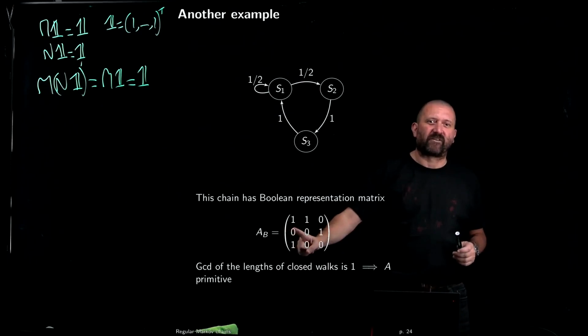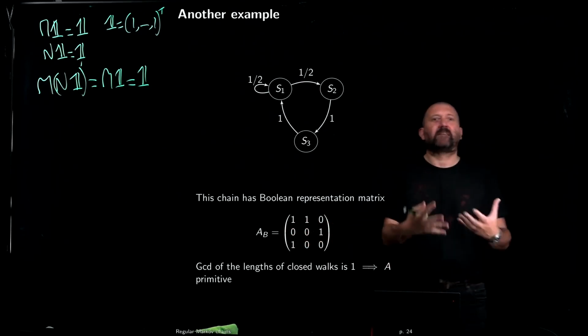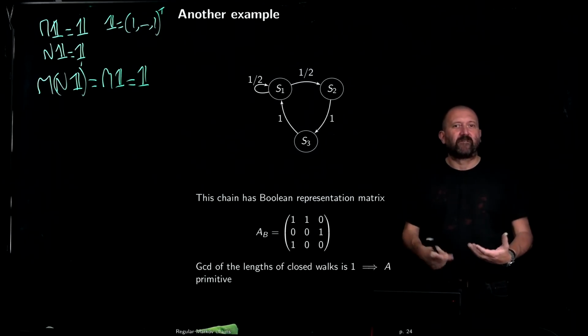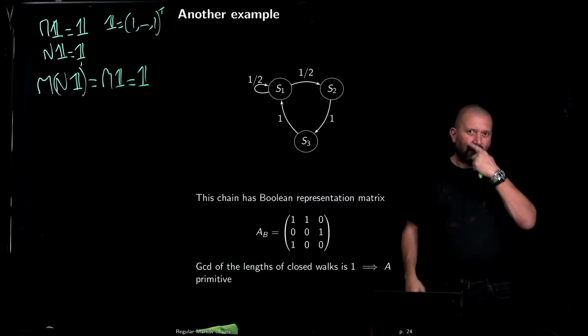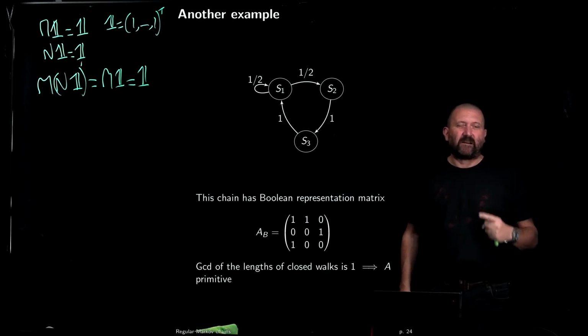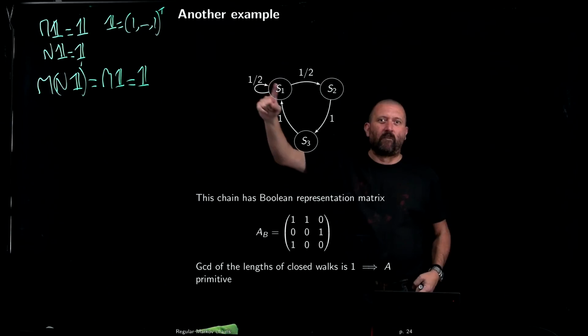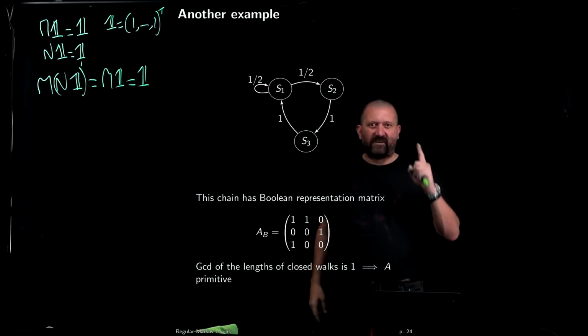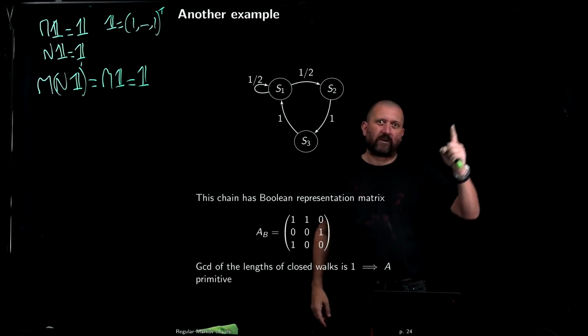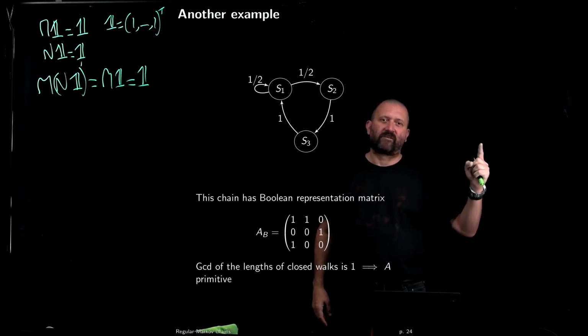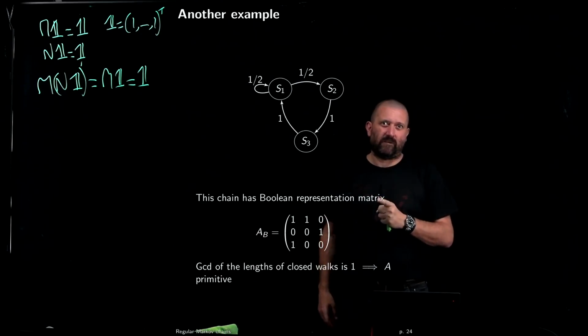The transition matrix itself has 1/2 and 1/2 here, but I can take the Boolean representation. Now, if I look at the shortest closed paths from 1 to 1, I can go like this, so this has length 1. So now I have 1, 3, and 3. What is the greatest common divisor? It's 1.